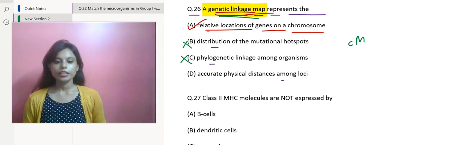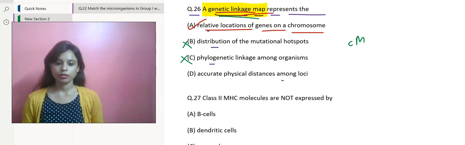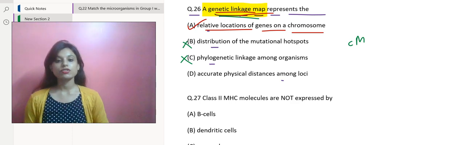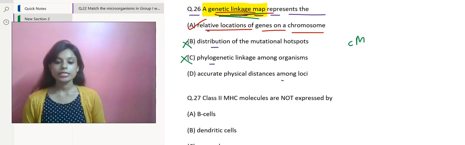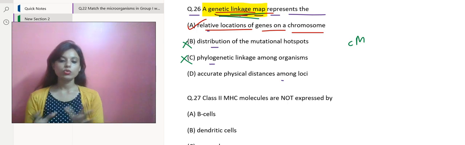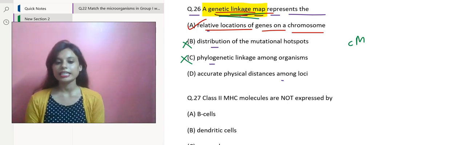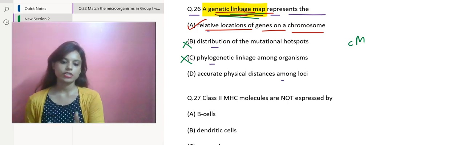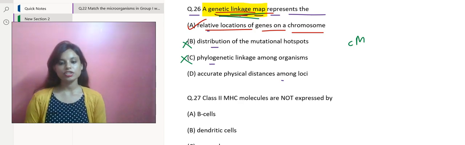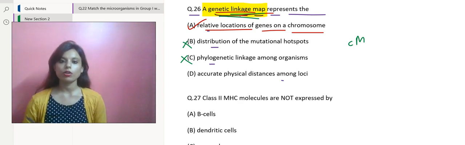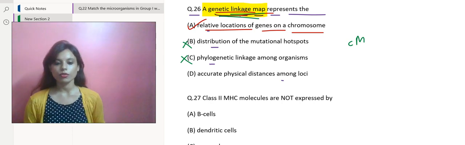It is because genetic linkage maps are not used to show the phylogenetic linkage among organisms, which refers to the evolutionary relationships between the different species or between the different groups of organisms. That is why C is also wrong.